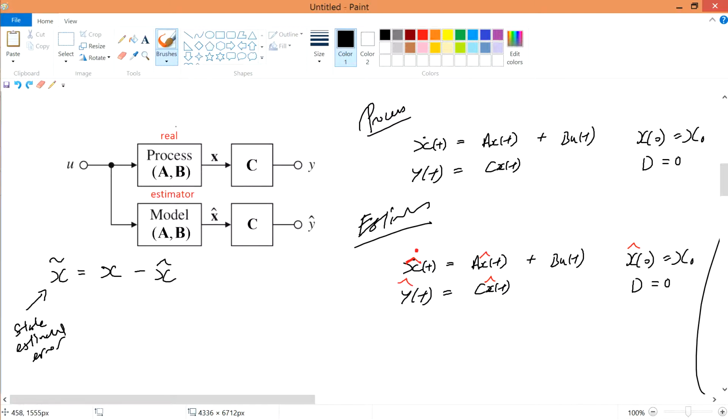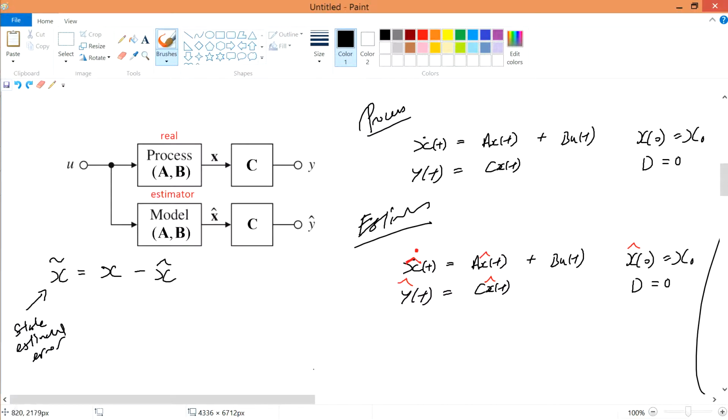But within their own systems, we can have the error between their responses be 0. I don't know why it's within this that we want it to be 0 instead of this one, because this thing over here is also dependent on a lot of states.